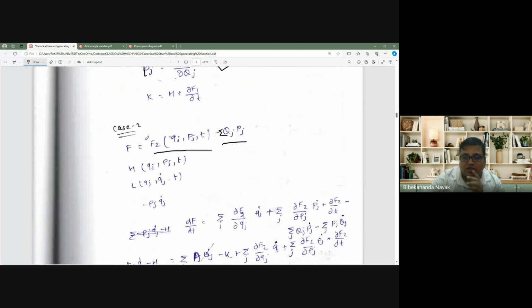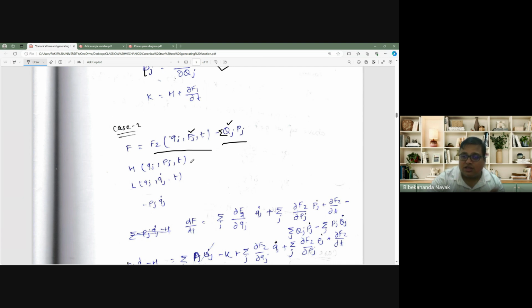Here in place of F we put the same function of small q and capital P, but F2 contains capital P, while we need capital Q. So if we subtract, the small q capital Pj cancels this type of form. So it is the generating function of the second kind, F2, and F in terms of F2 can be written like this.